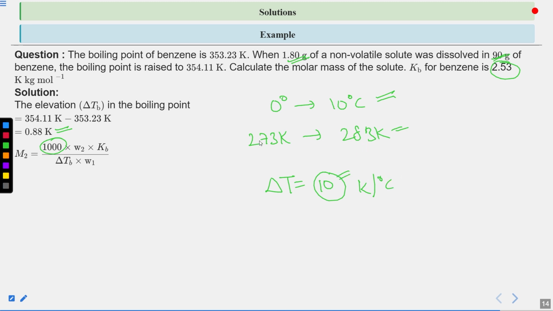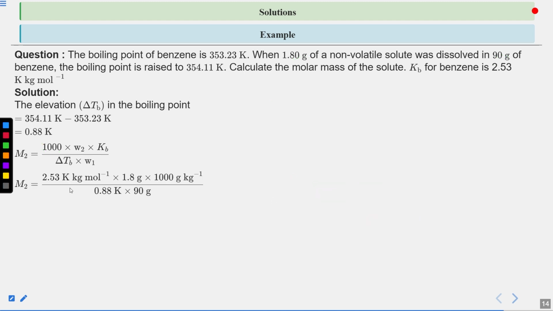So 283 minus 273 is 10, and 10 minus 0 is 10. So if you are given the change in temperature in degrees Celsius, you don't have to add 273 to convert it into Kelvin. You can directly take it as 10 Kelvin. I hope you are getting my point here. It's very important to understand. Now if you put these values here, you will get M2 as 58 gram per mole. So this is your final answer.